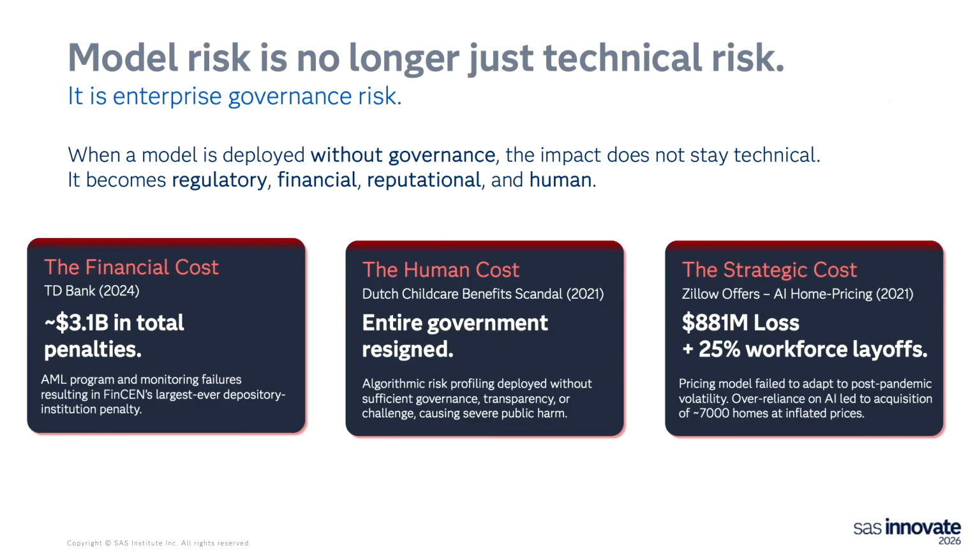And then the third one is a case of strategic cost, where a few years ago, post the pandemic, Zillow put in place a model for predicting house prices. Zillow, for those of you who may not know, is one of the biggest companies you can use to buy and sell your house. You can list your house and sell it.